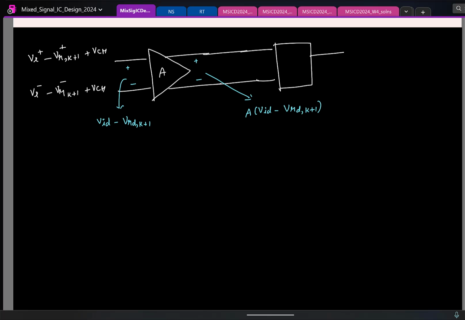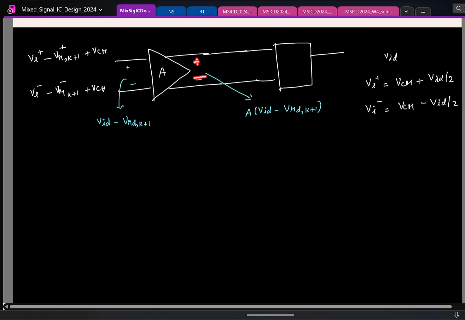Now recollect, whenever I had a differential input, the positive input was given as the common mode plus half the differential input. The negative side was common mode minus half the differential input. Now this is the differential signal I have. So what do you think might be the positive output and negative output individually?